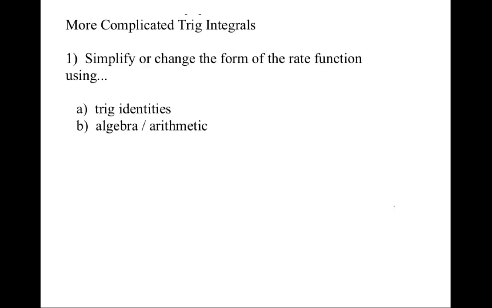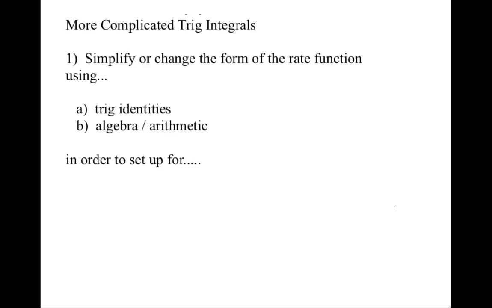So usually these more complicated trig integrals start by you doing some rearranging or algebra or applying trig identities. That's a real common one. You're applying trig identities, so now you're looking at something that looks different, but it's still equal to what you had before. Make sense?